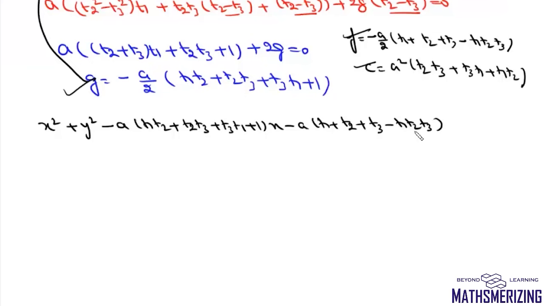So plus a square (t2 t3 plus t3 t1 plus t1 t2) equals to 0.